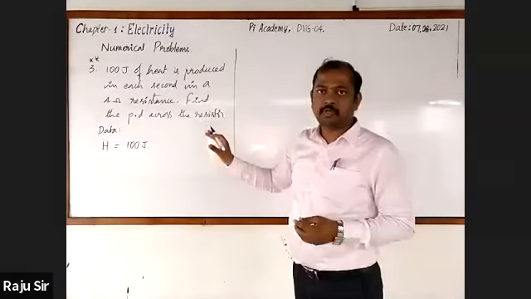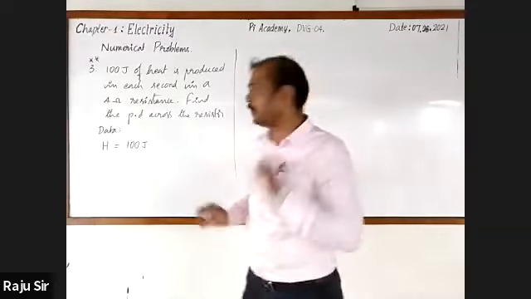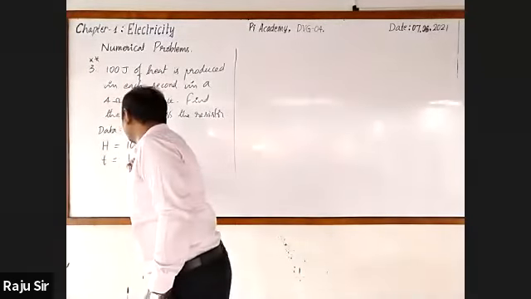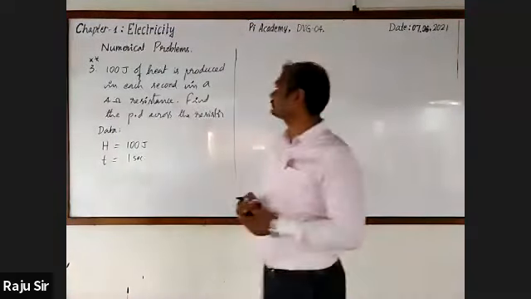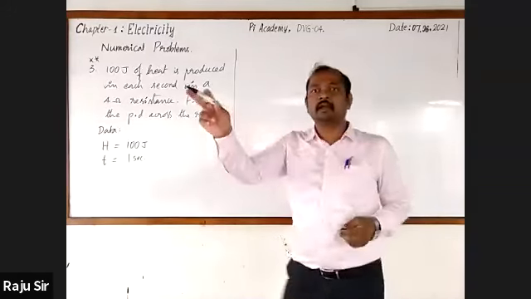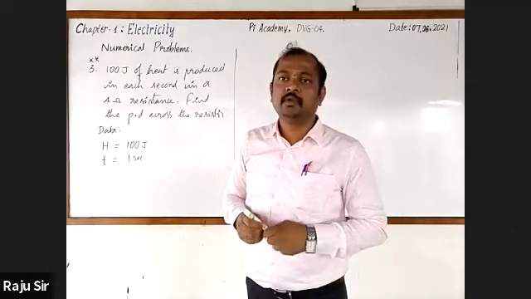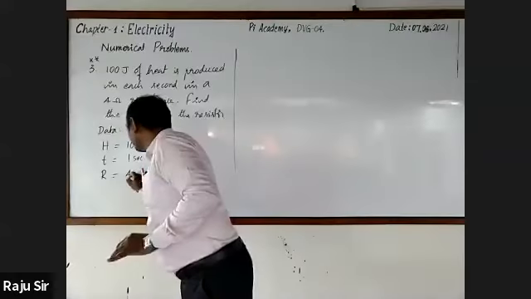This much amount of heat is produced in every second, so time is given as 1 second: T = 1 second. In the 4 ohm resistance, there is a resistor offering a resistance of 4 ohm: R = 4 ohm.